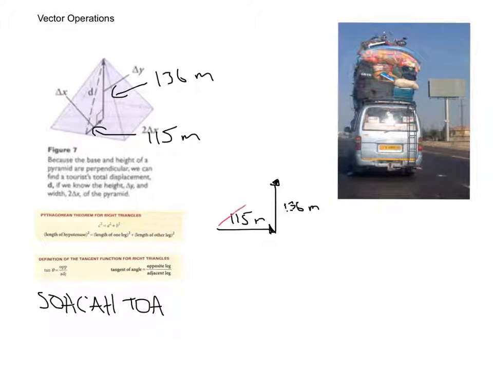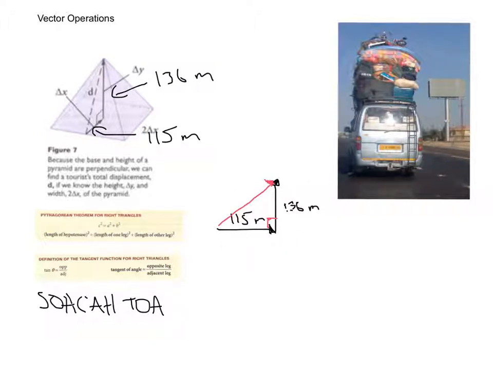So now my hypotenuse of this is now my resultant vector, right? So here's my right angle. So I've got the x and I've got the y, and I want to find the magnitude of this resultant vector. So adding two vectors together, we can use the Pythagorean theorem.